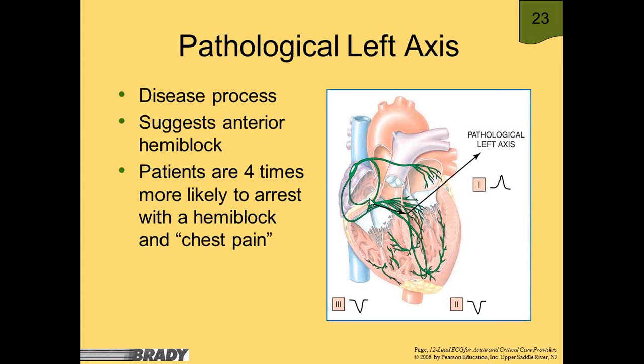Okay, so when it comes down from the SA node, down through the AV node, passes through that bundle of His, hits that fascicular block, and shoots it into the Purkinje fibers and things right at that point. So we don't get that downward deflection at all through the ventricles. And what we're going to see here in this pathological left axis, lead 3 is going to be completely negative because our electrical conduction is not even thinking about going that way.